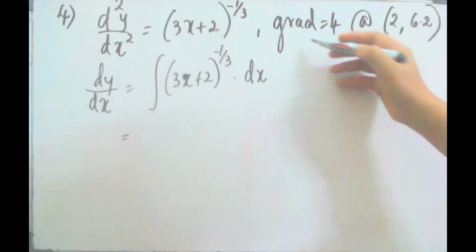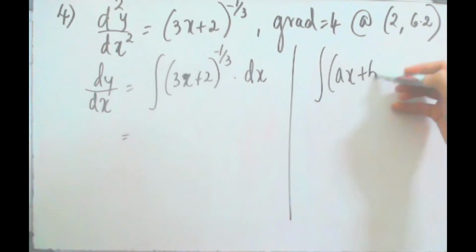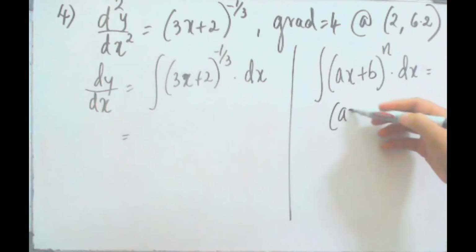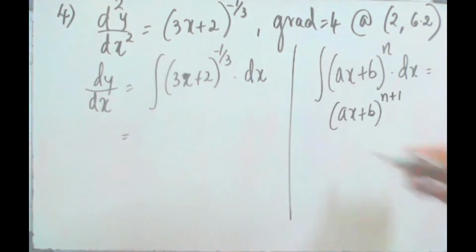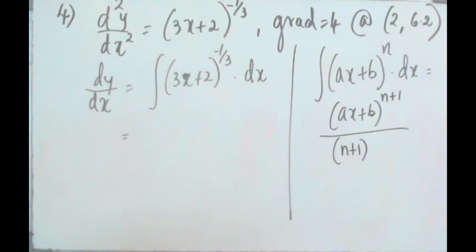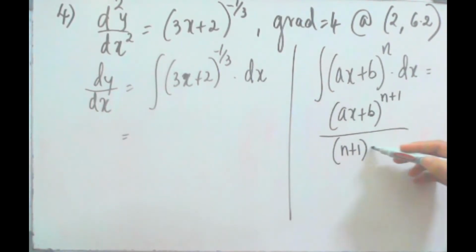Okay, so here the identity that you need to know is the integral of (ax plus b) power n dx. How do we integrate this one? You write the expression as it is, the power you increase by 1 and divide the expression by the same power. Then look at the coefficient of x, which is a, and divide by that number.